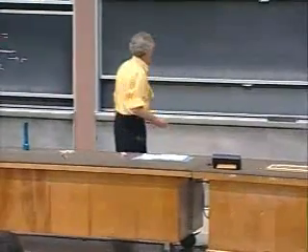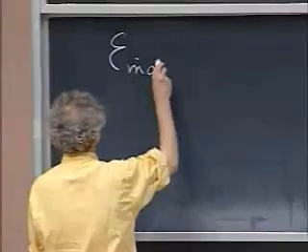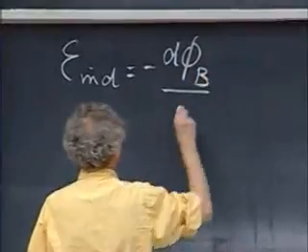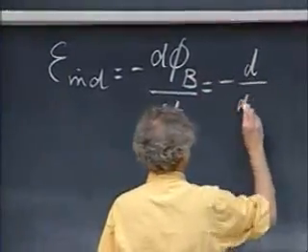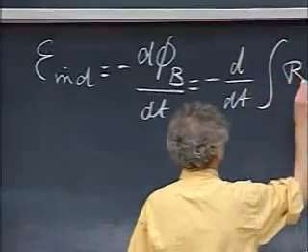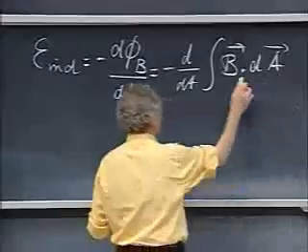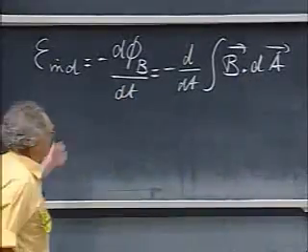So the EMF induced equals minus d phi/dt, minus d/dt of the integral of B dot dA, over an open surface.